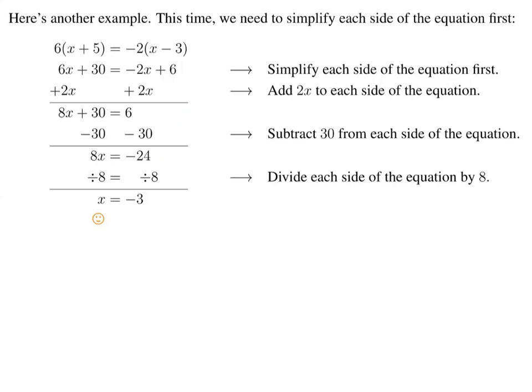Okay? I have another example for you to look at. Now, the first step was to simplify each side, and so we would go ahead and want to use the distributive property on the left with the 6 and on the right with the negative 2 to simplify each side. That's our first step. Then we would want to go ahead and move the variables off of the right side.